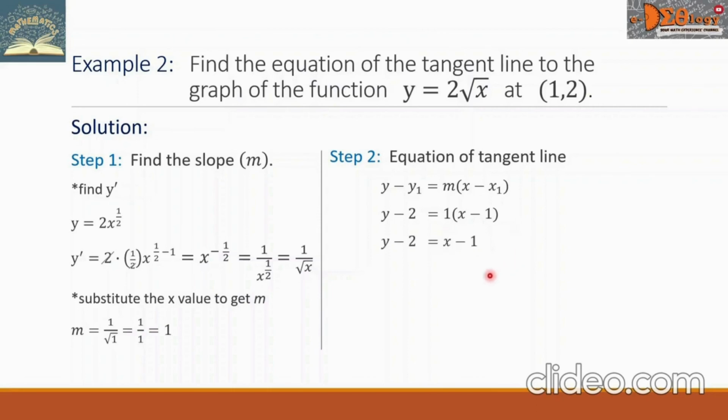We simplify the right side to be x minus 1, and then this negative 2 here we transpose to the right. Negative 2 becomes positive 2, where we combine with negative 1. So finally, we have y equals x plus 1. This is the equation of tangent line.